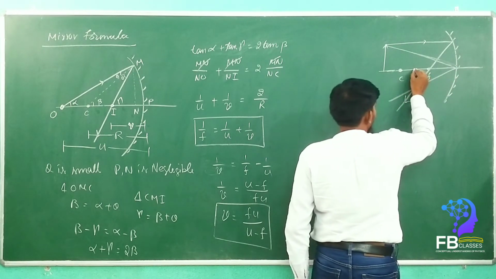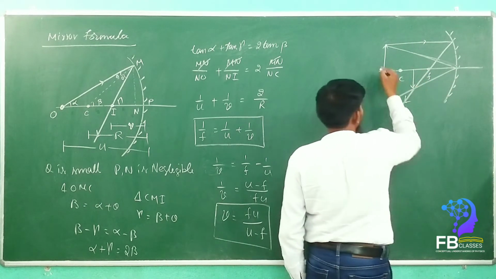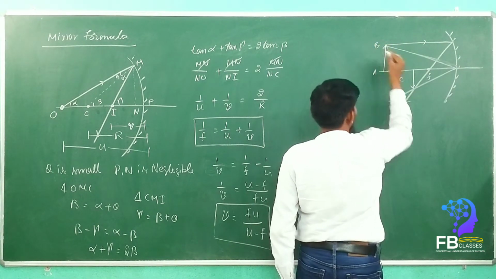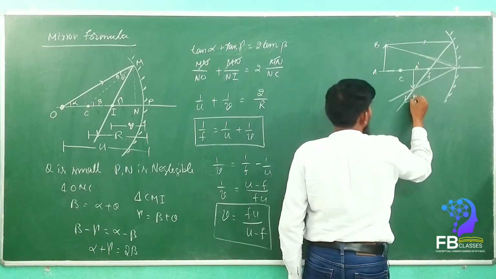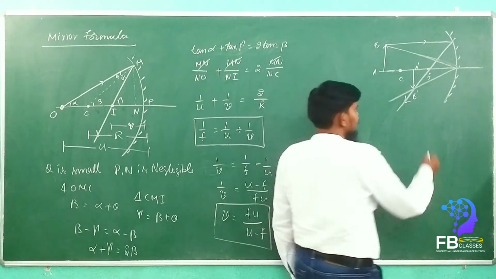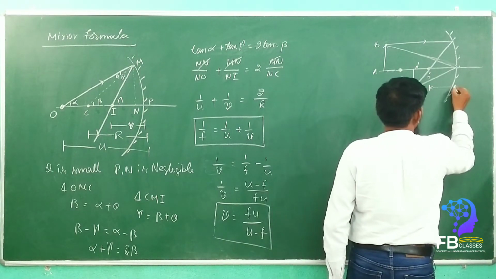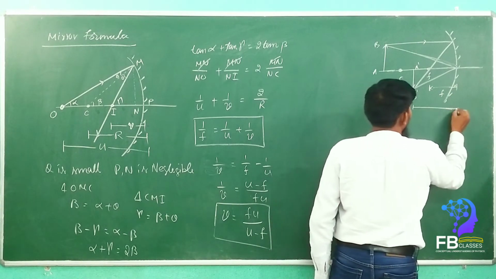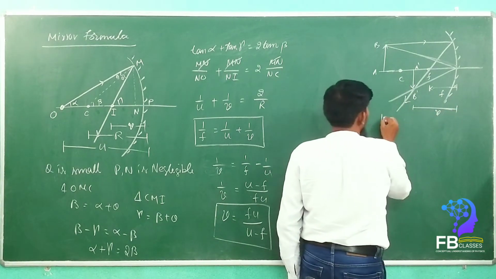Yes or no? Now here the image is formed. Are you getting my point? So this is A, B, this is A dash, B dash. Got it? This value is F. Yes or no? This is V and this is U.